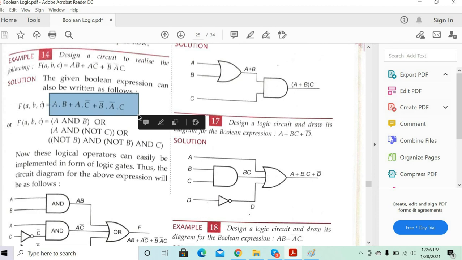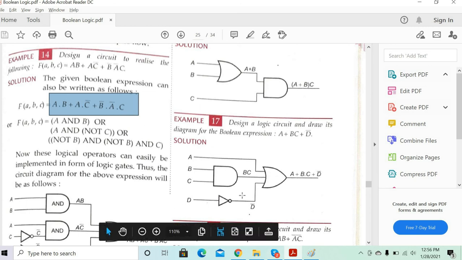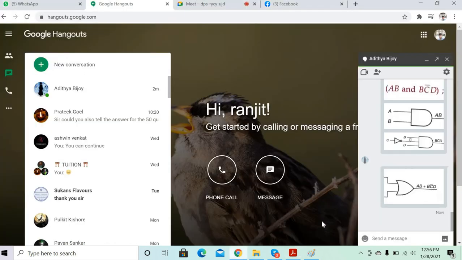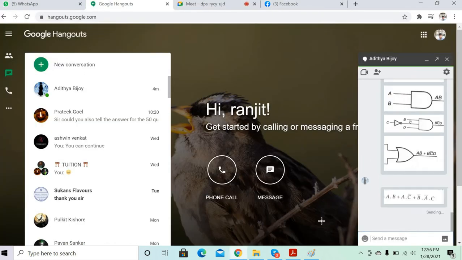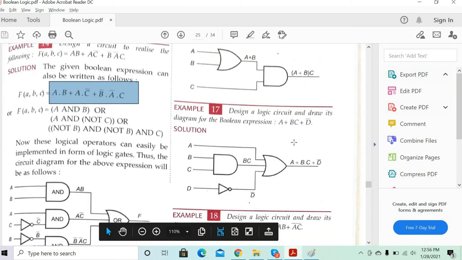So A dot B plus A dot C bar plus B bar dot A bar C. Wherever the dot is there, those are all the inputs for the AND gate. Where the plus sign is there, the outputs are all passed through the OR gate. If you understand this part, okay. Yes, sir.